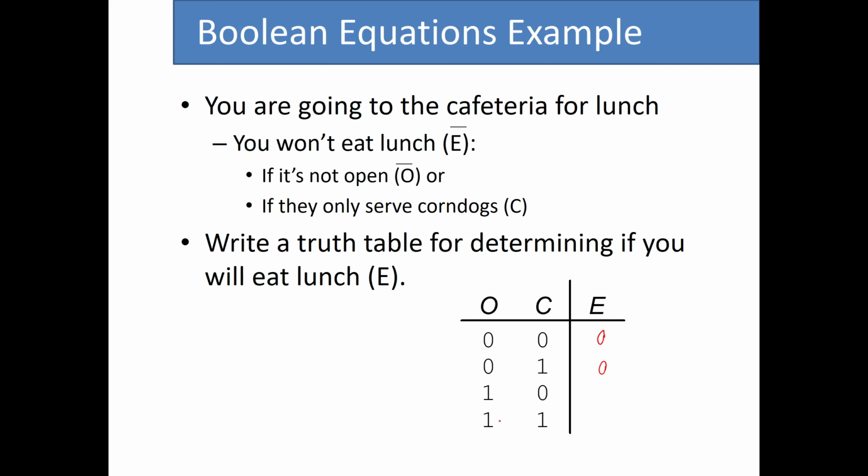But they only serve corn dogs, so C is also 1. So the last row, basically, you don't eat lunch either. But if the cafeteria is open and they don't only serve corn dogs, then you eat. So this will be the truth table that you have for this example.